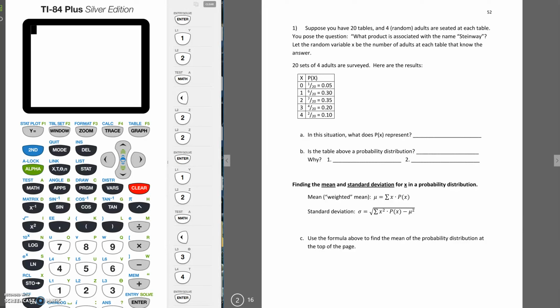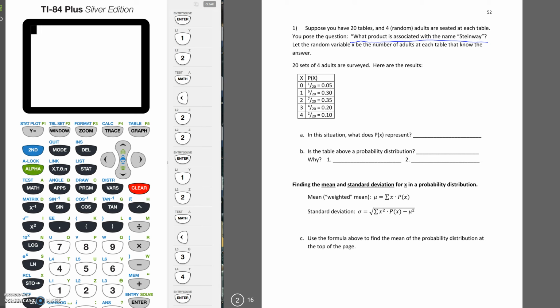So 0 people could know the answer, 1 person at the table could know the answer, 2 people could know, 3 people, 4. And I should just point out that this exact question is not important here. You could do this for any question that you went around and asked the table, and just how many people knew the correct answer.